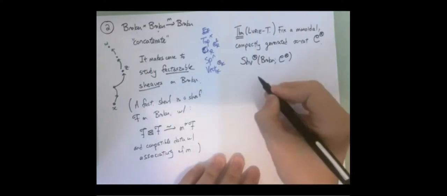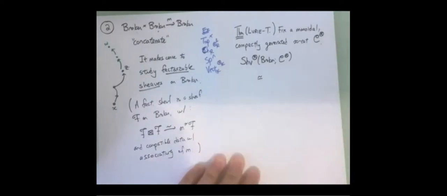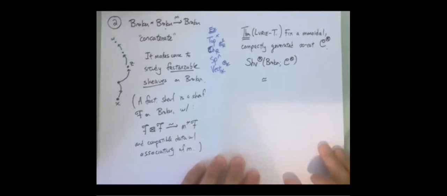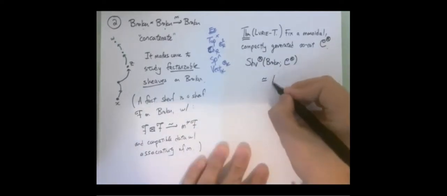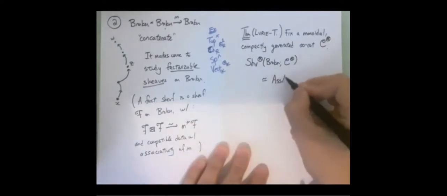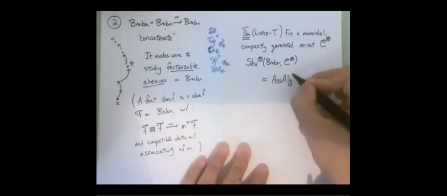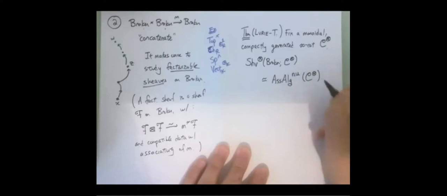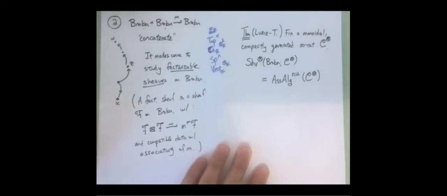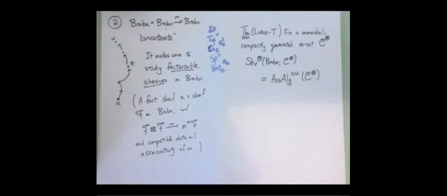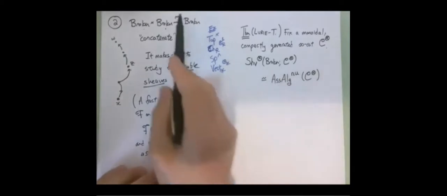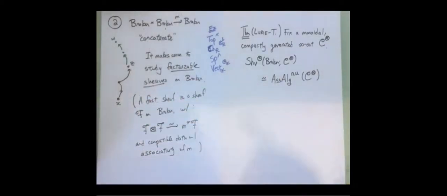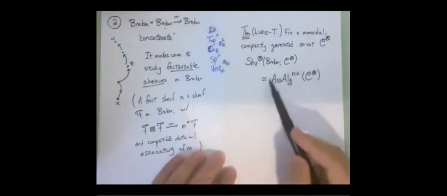Then the theorem is that this category of factorizable sheaves is equivalent to a very familiar infinity category: the category of associative algebras, possibly non-unital, in C. In other words, maybe an informal way to put this is that the stack broken together with multiplication, the geometry of that, completely encodes the algebra of associativity.